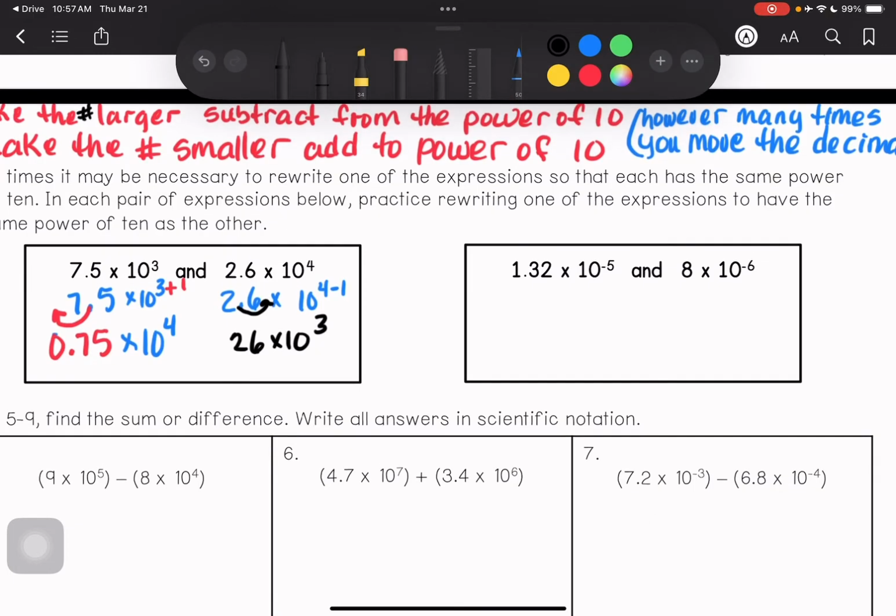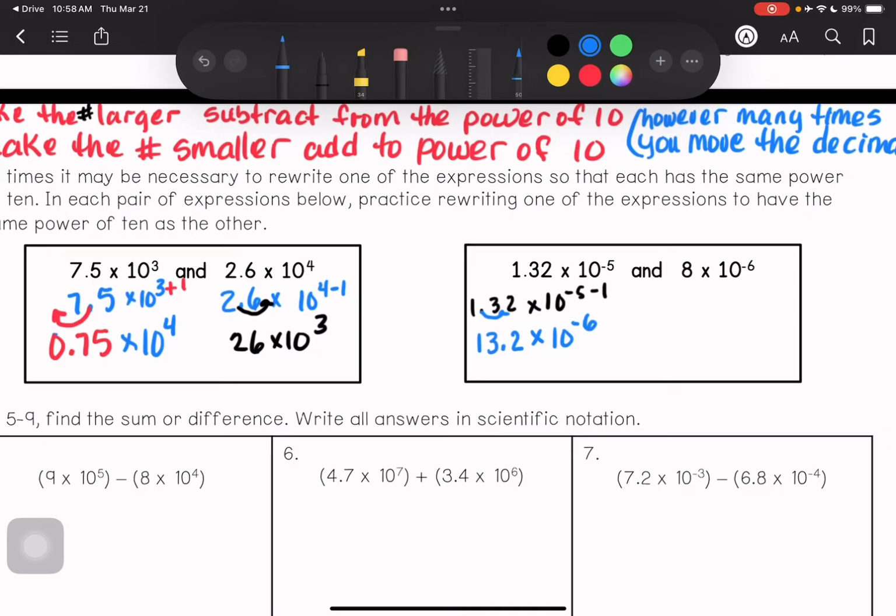So if I'm subtracting 1 from the base 10, I must add 1 by making the first number larger. So 1 and 3200ths, to make that larger, move it over to the right, and you have 13 and 2/10. Make the first number larger, make the exponent smaller.